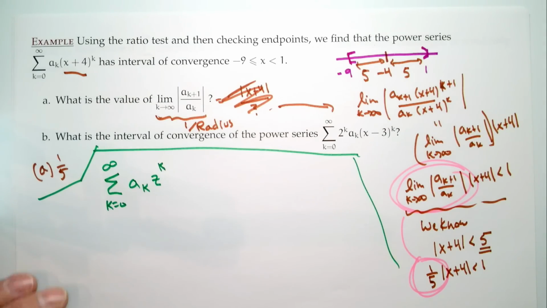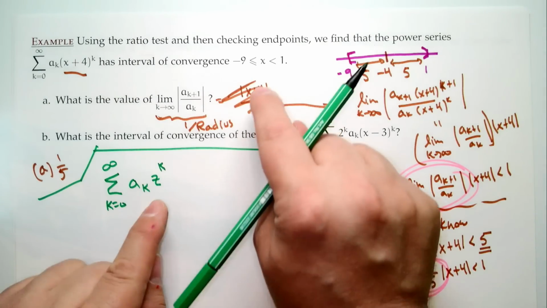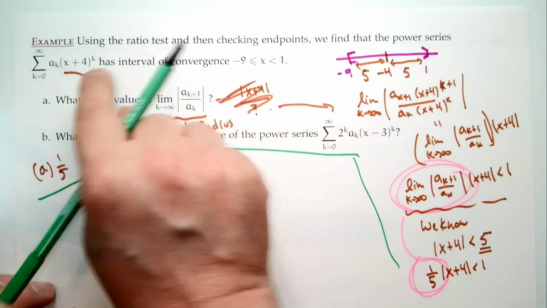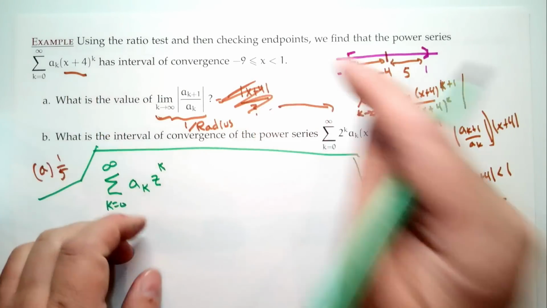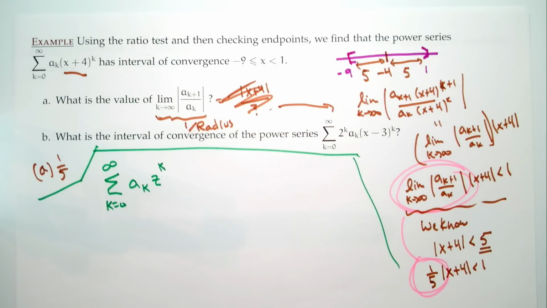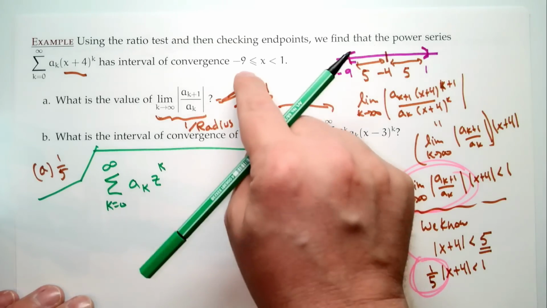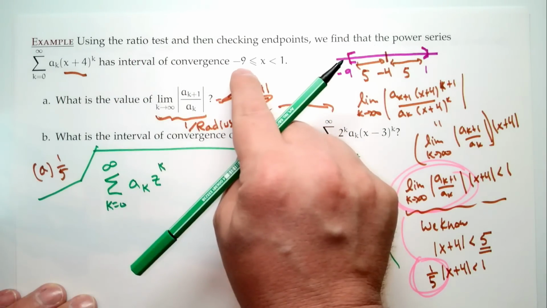When will this converge? Well, according to this, I look and ask, what happens to x plus 4 between -9 and 1? What's the smallest that x plus 4 can be? Well, the smallest would be at -9.